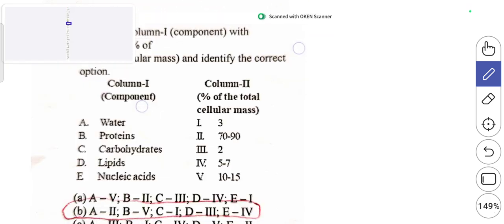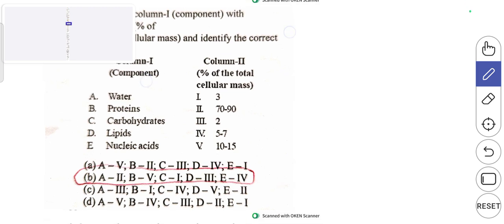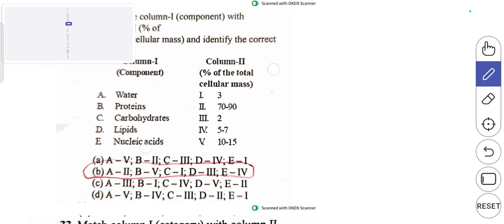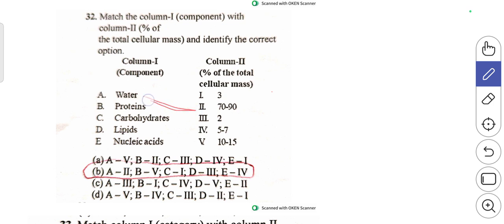So next one, again it is from the topic biomolecules. Water, what is the concentration of water? The concentration of water will be more in living organisms, where 70 to 90% is water.